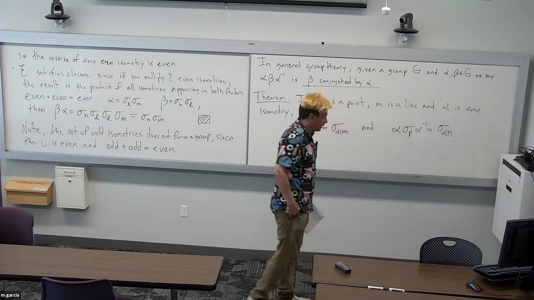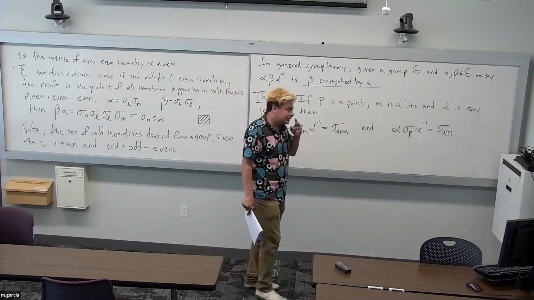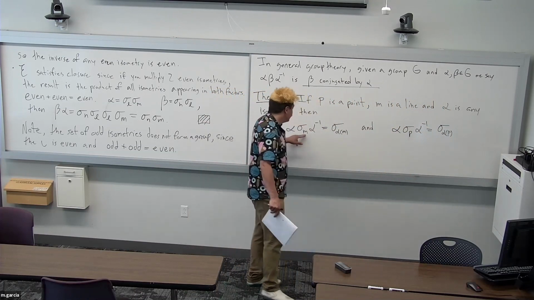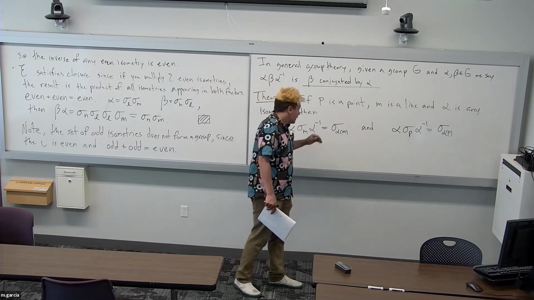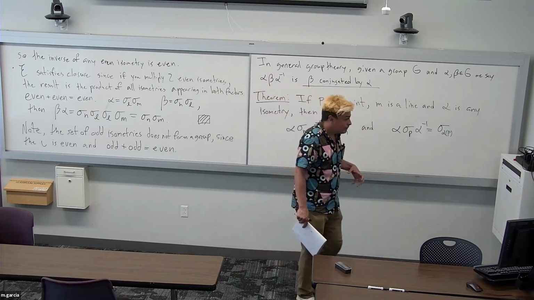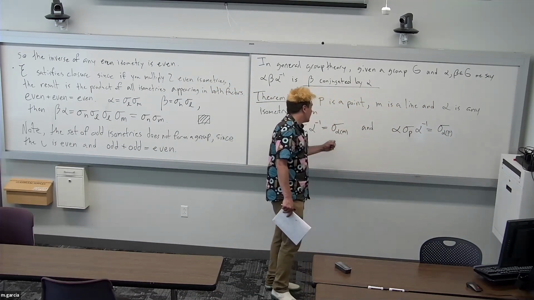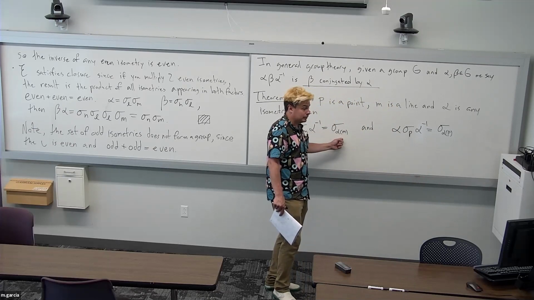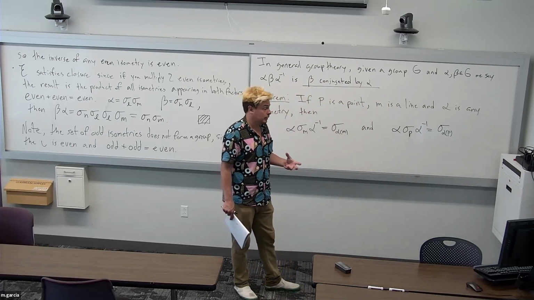Okay? Now, this is a little bit heavy on notation, right? So remember, M is a line, meaning that sigma sub M is a reflection. Sigma sub alpha of M is the reflection about the image of the line M under alpha. That is to say, alpha of M is a line as well.